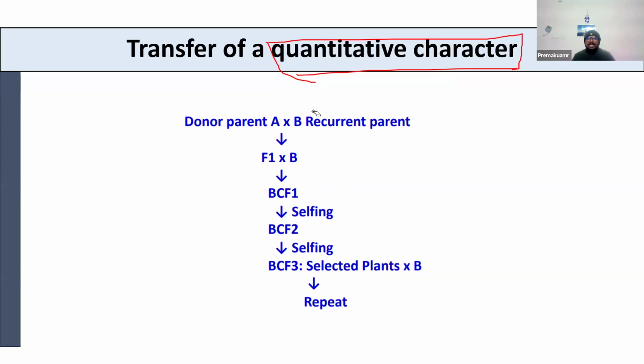That's why, instead of doing selection in the F1 and crossing to any donor, you just keep on selfing, like you said, up to BCF3, then select the better plant, then do backcrossing again. It may take some more time, but it will be the better approach as per the previous reports. Understood? What is the difference between the normal qualitative trait and quantitative trait in the backcross breeding procedure?